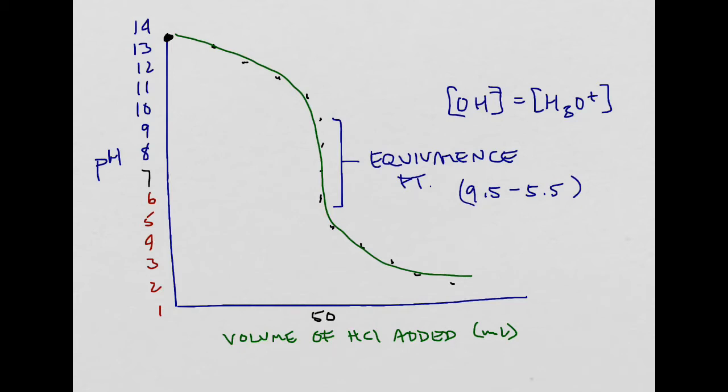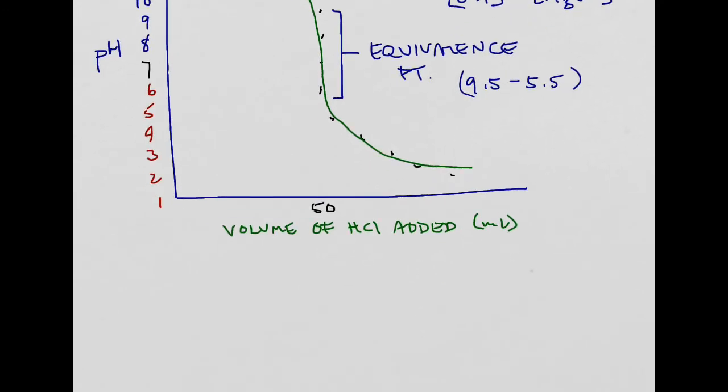So if I have 1 mole of hydrochloric acid, which is going to have 1 mole of hydronium ions, and I also have 1 mole of the sodium hydroxide, which will have 1 mole of hydroxide ions, when they have the same amount in terms of volume, we're going to have the same number of moles altogether, and they will combine with each other to form water. In fact, you'll form a saltwater solution in this case.